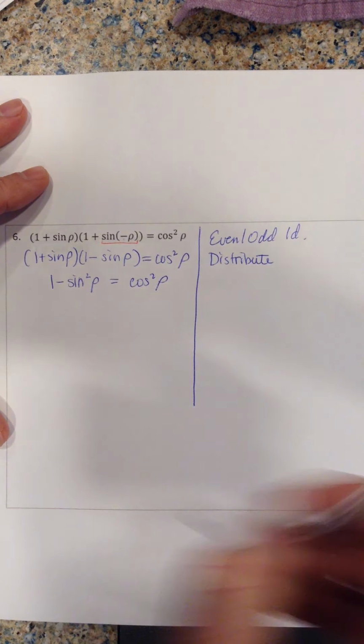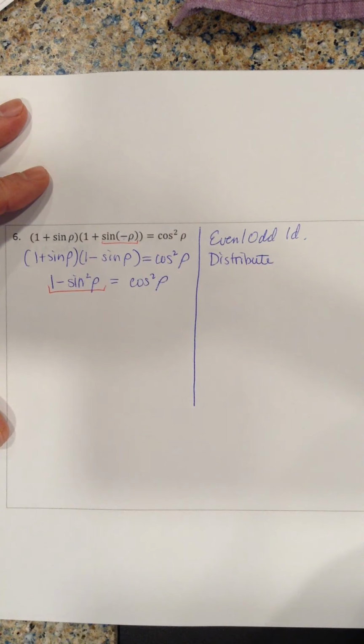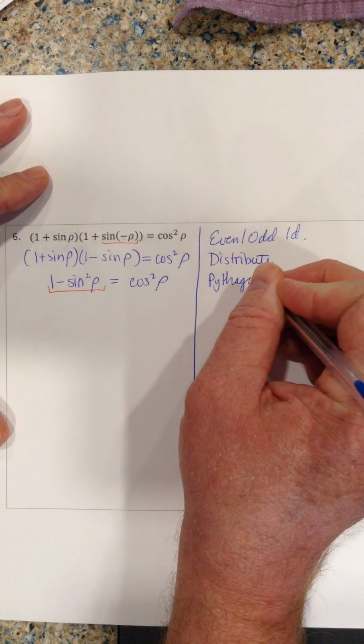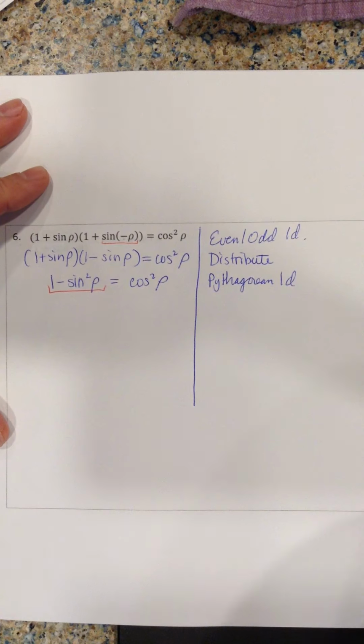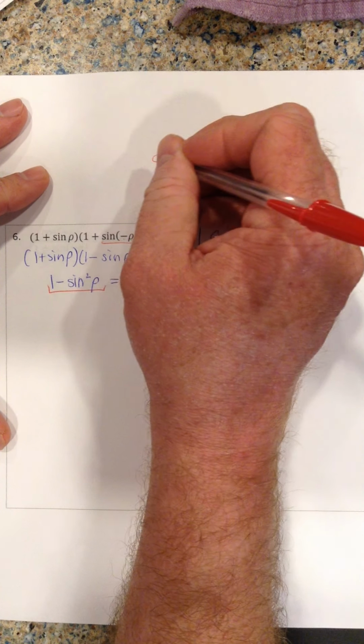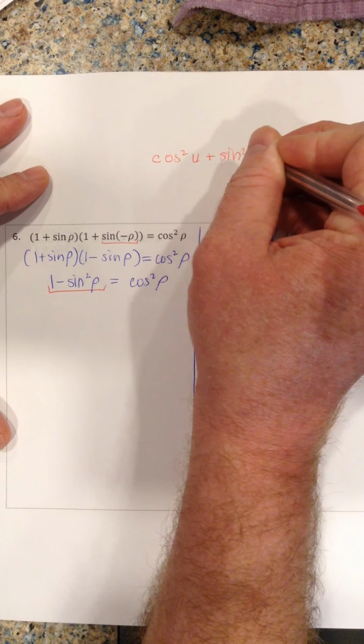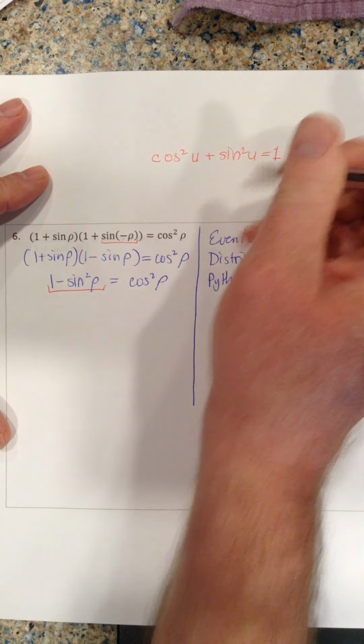And then I notice that this here is really a Pythagorean identity. So if you recall, I have cosine squared of u plus sine squared of u equals 1.